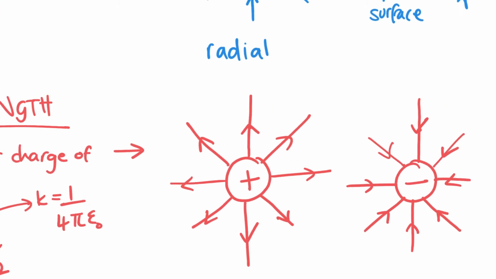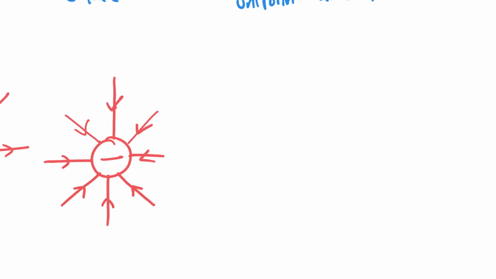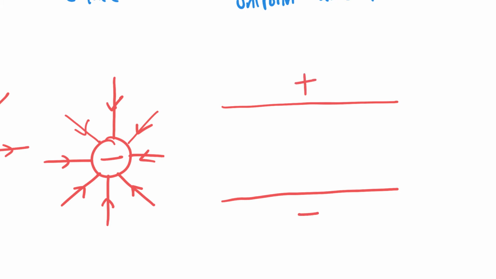It is possible to have a uniform electric field, and that can occur if we set up an electric field between two plates, for example in a capacitor, where one plate has a positive charge and one plate has a negative charge. So again, let's consider what would happen if we were to just pick a point here in the middle and imagine that that is a positive test charge.